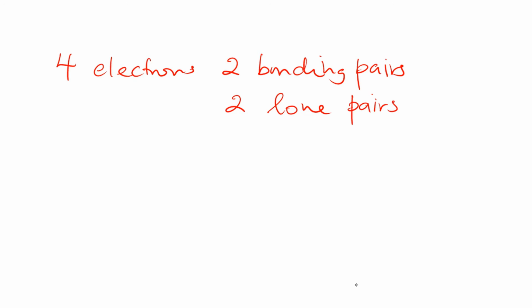You are correct. So water has 4 electron pairs, 2 bonding pairs, which take part in bonding, and 2 lone pairs. Let me go ahead and draw that for you, accurately so you know what's happening.